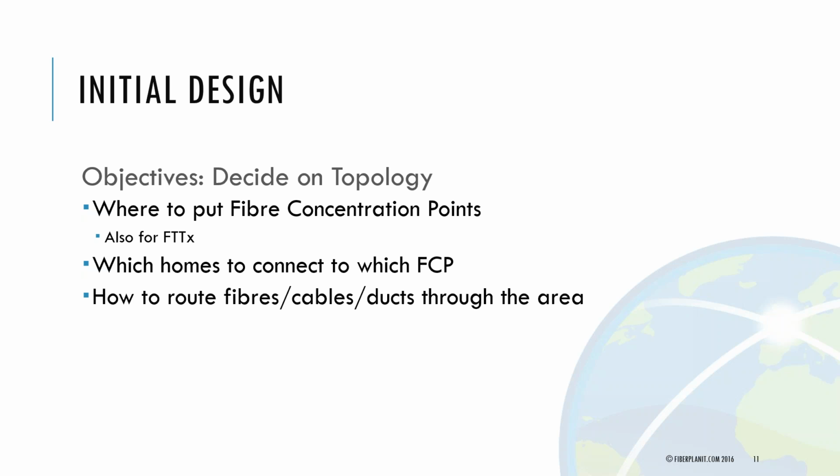So both in fiber to the home and fiber to the X, this is one of the questions. Then also for your complete area, how do you divide up the area in different clusters? So which homes will be connected to which fiber concentration point?